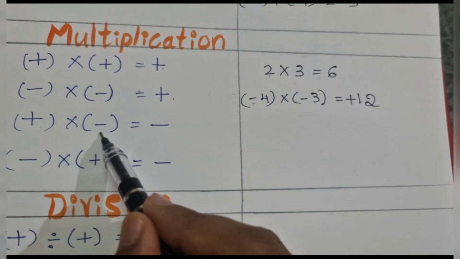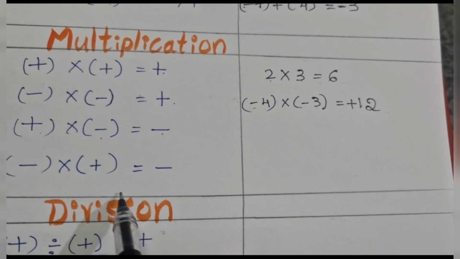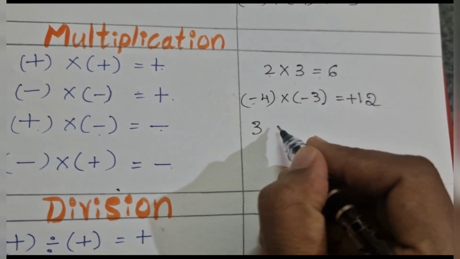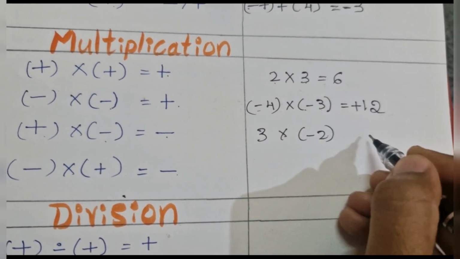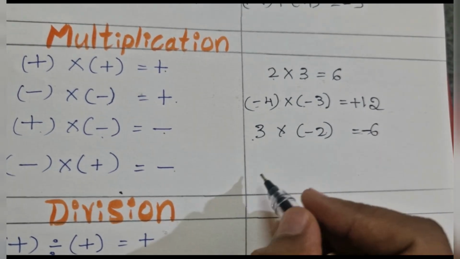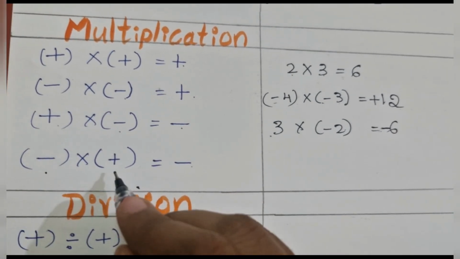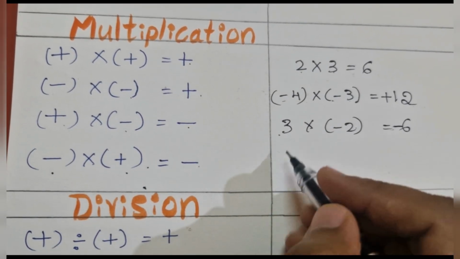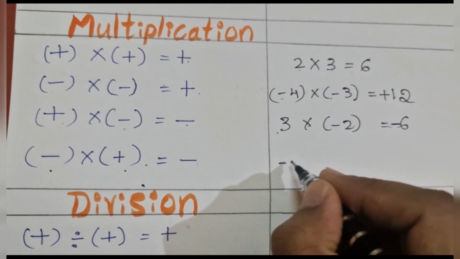Next. Plus into minus, minus. When both the signs are different, we put minus here. First, 3 into minus 2. 3 2s are 6. Plus into minus, minus. Minus into plus. Again the signs are different, so we put here negative.